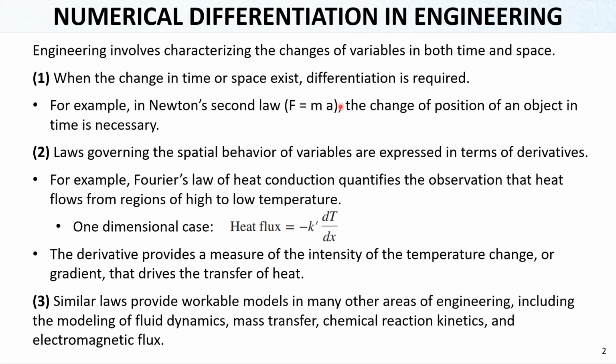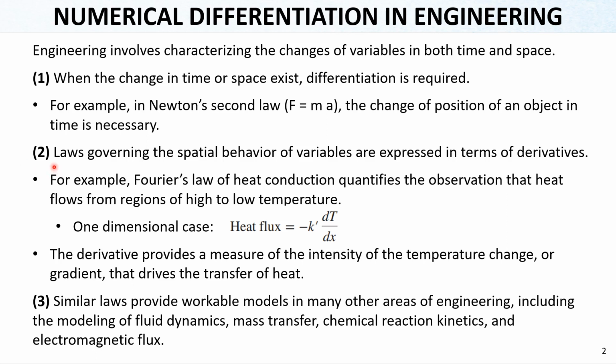So basically, if we have an acceleration, if we multiply it by the mass, we will get the force acting on the object. And in this, the change of position of an object in time is necessary. So because there is time, and with the acceleration we are getting a speed actually, we need the derivative of the functions.